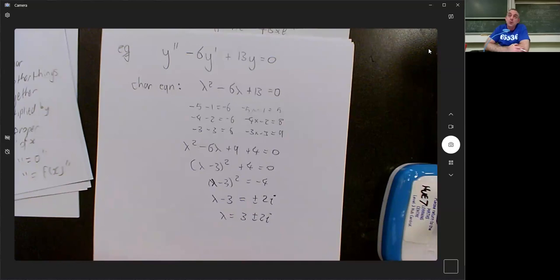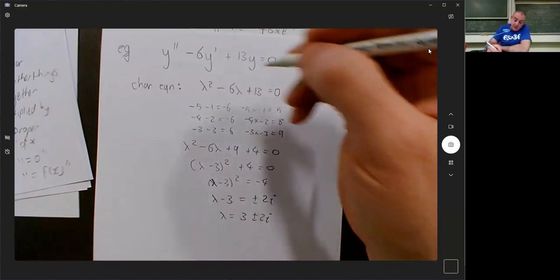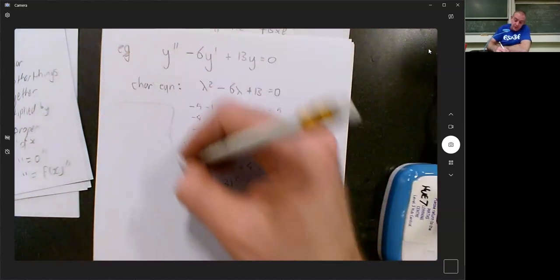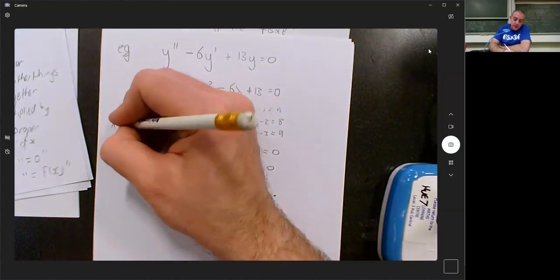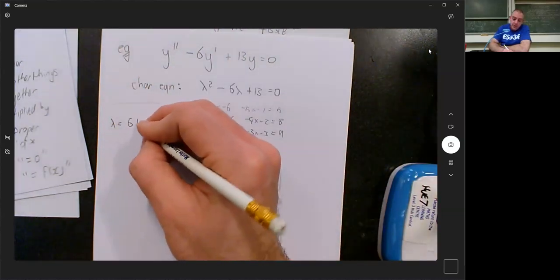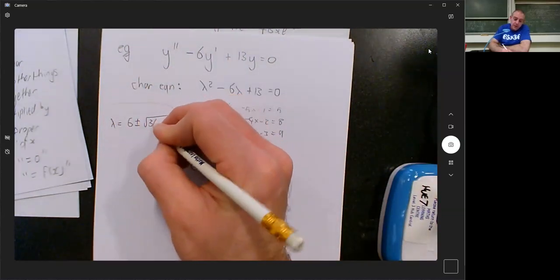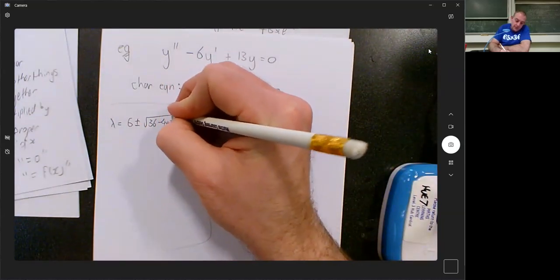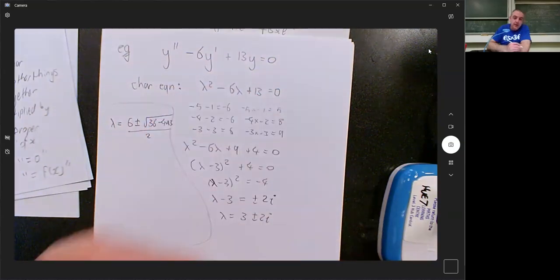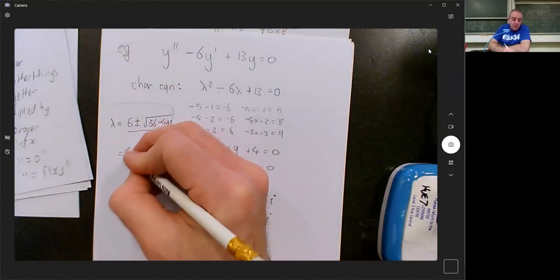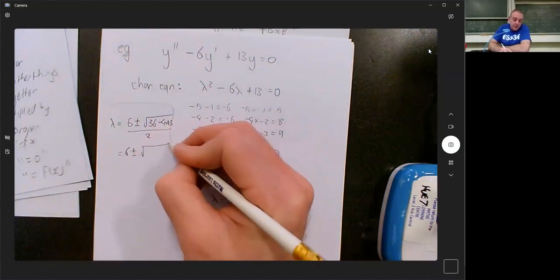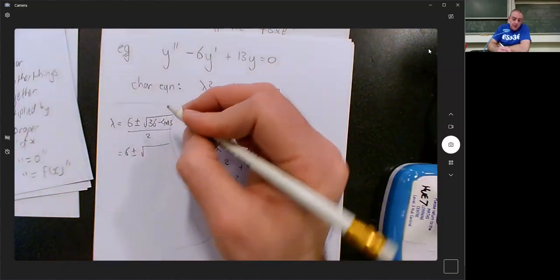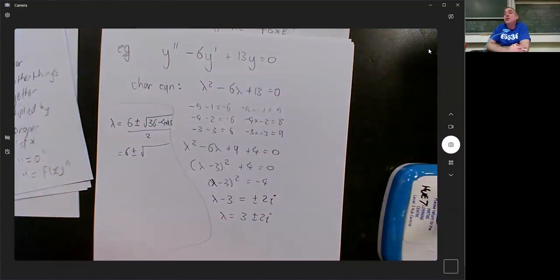I could have used the quadratic formula. I could totally have done this if I wanted, just on the side. I could have done lambda equals minus b plus or minus the square root of b squared minus 4ac, over 2a. That would have been 6 plus or minus the square root of 36 minus 4 times 13, which is 52, because of a deck of cards.